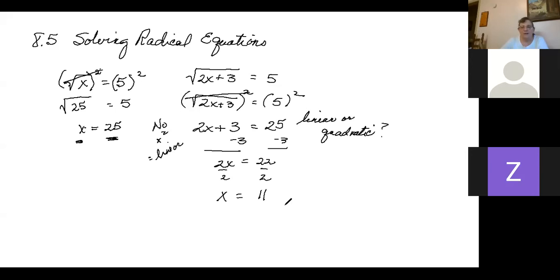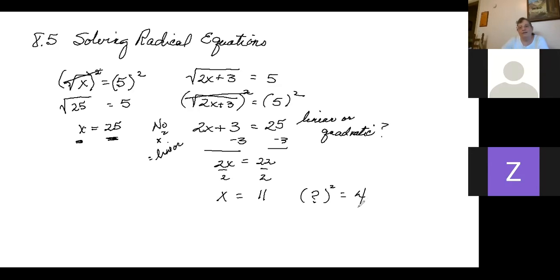Now, there is a problem with squaring both sides of an equation. If I have a number in my mind and I square it, and when I square it, I get 4. So I've got some number, and when I square that number, I get 4. Most people are going to jump up and say, well, it was a 2, right?